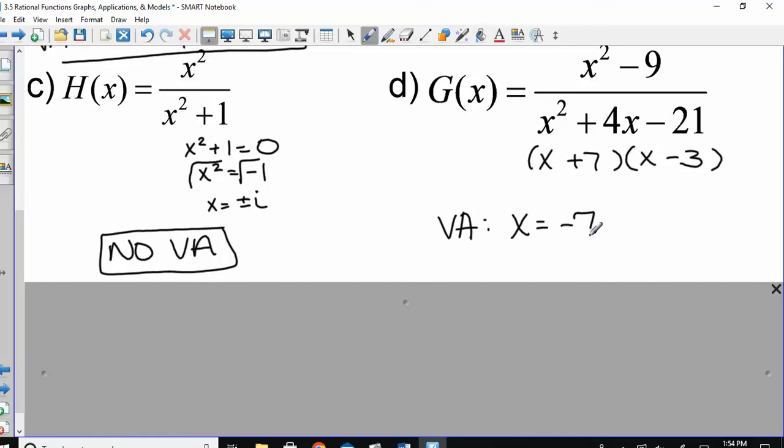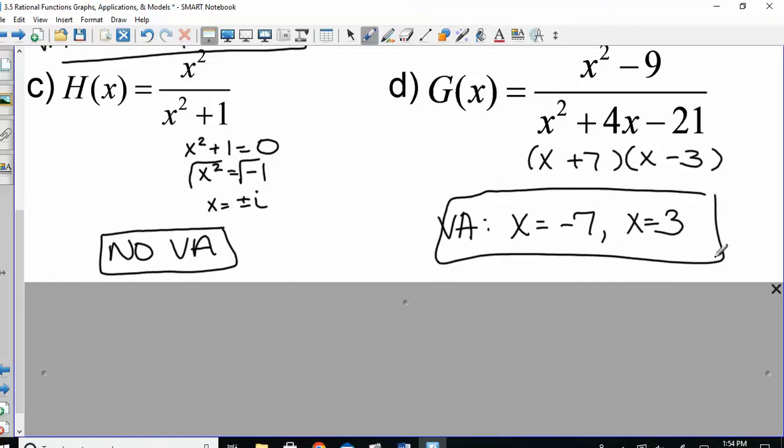So what makes x plus 7 equal 0? Negative 7. And x minus 3 equals 0 is positive 3. Are we okay with vertical?